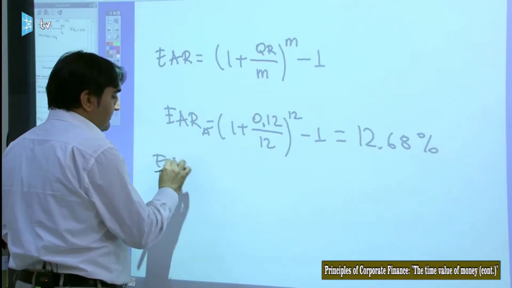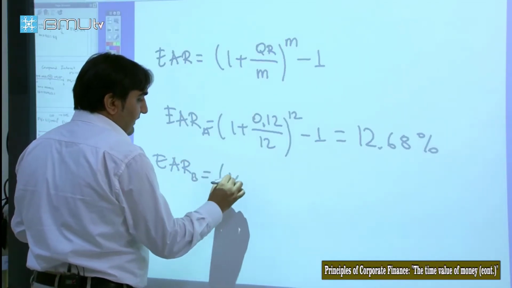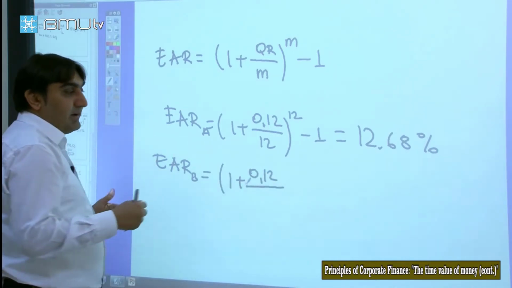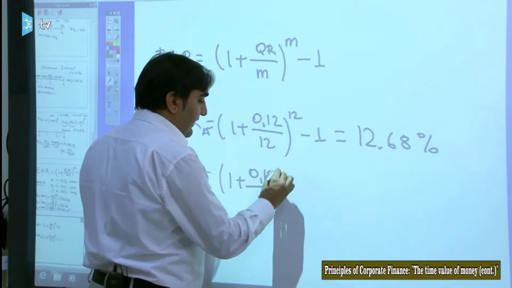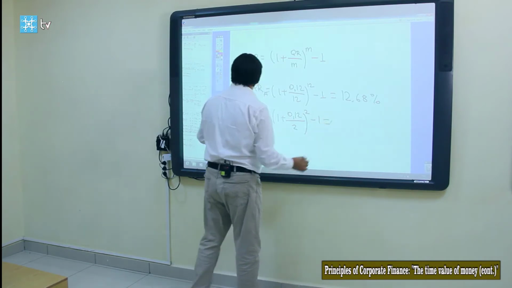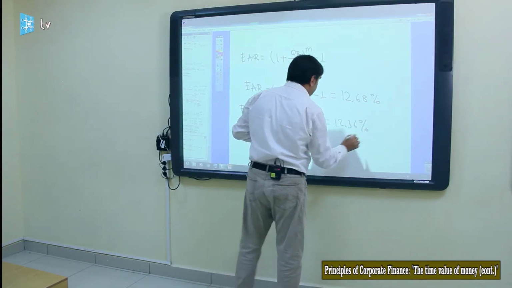For option B, it is semi-annual, 1 plus the quoted rate divided by semi-annual. We have 2 semi-annual periods in a year, we put here, and to the power of 2 minus 1, it is 12.36%.